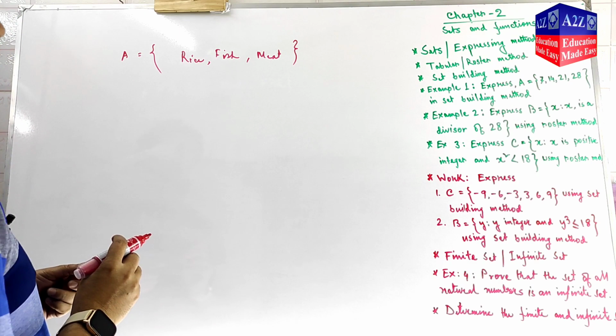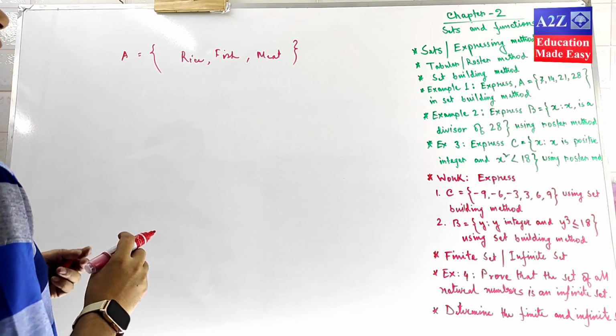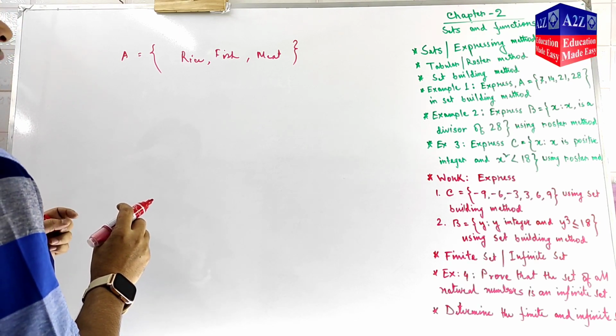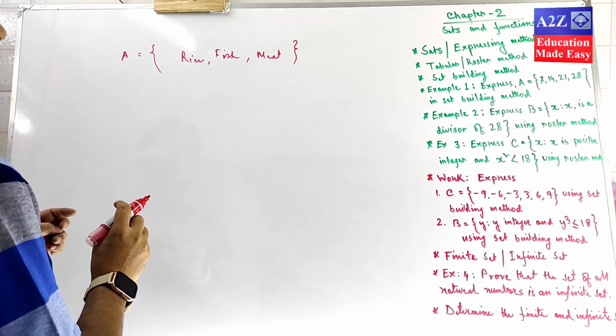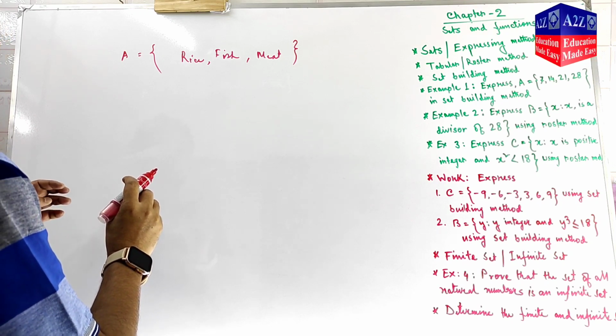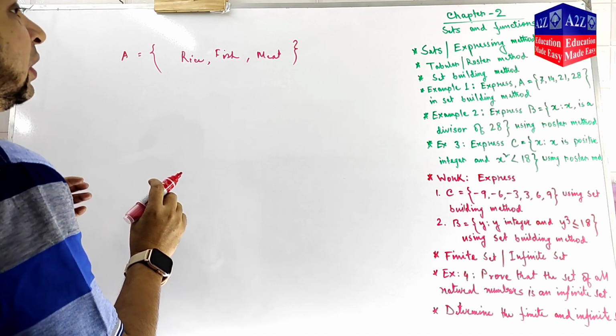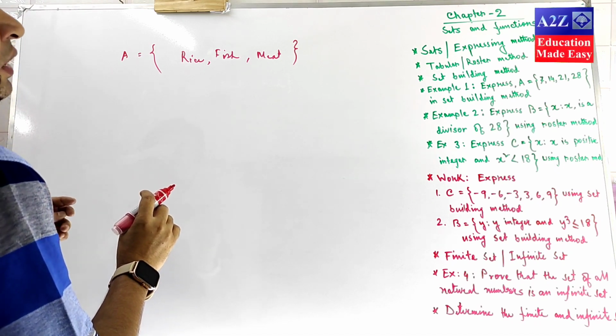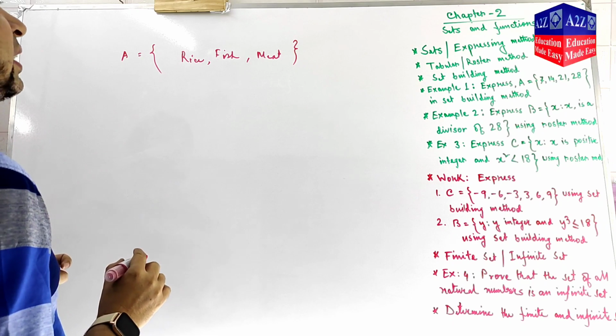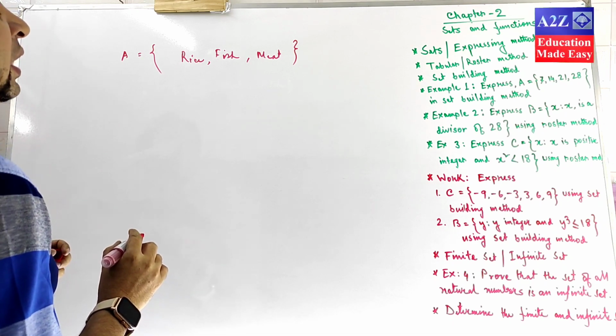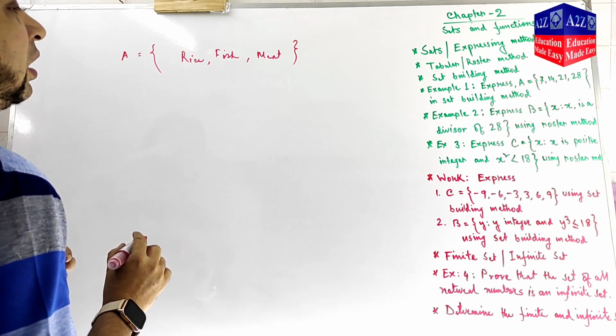If I would like to define the tabular or roster method, it is expressing the elements of a set by preparing a list within the second bracket, where each item and element is separated by a comma.